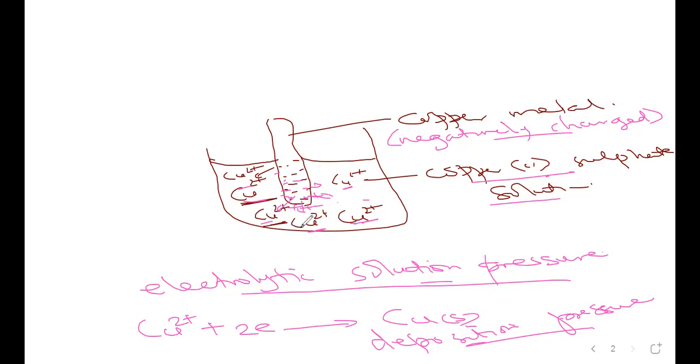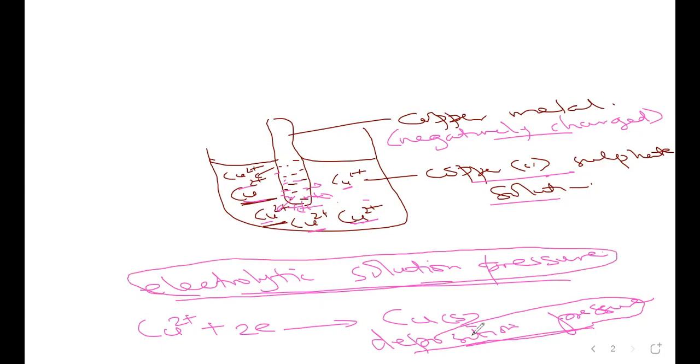We shall look at the zinc rod also, but when you dip a copper metal in its solution, the copper has a greater tendency to be deposited on the rod than dissolution. So that implies that copper has a greater deposition pressure than the electrolytic solution pressure. It has a greater tendency to get deposited on the metal rod than a tendency for the ions to dissolve in the solution. And therefore it gains what we call a positive electrode potential.